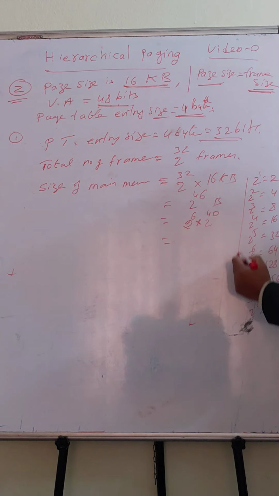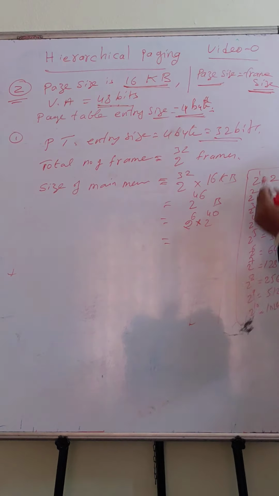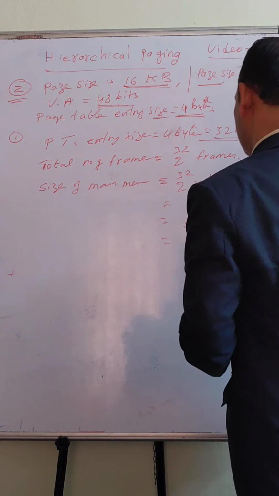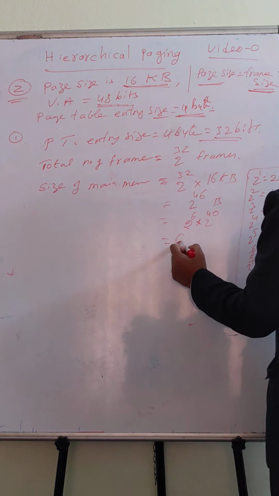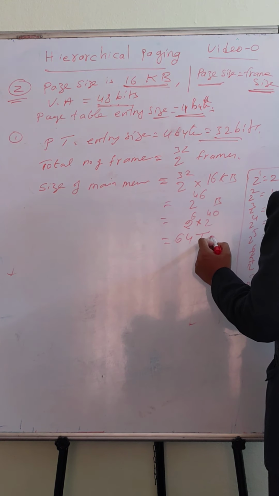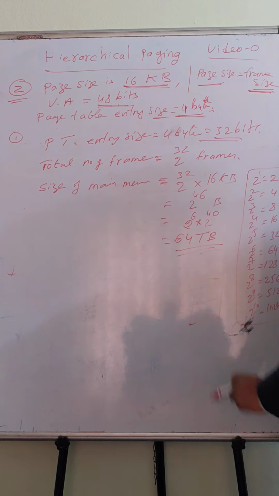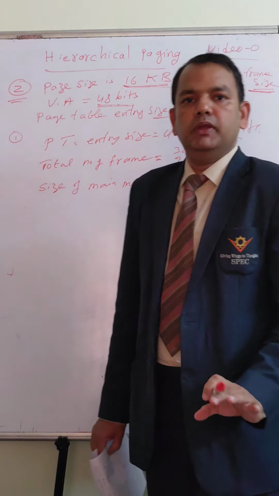Please remember this, put it somewhere in the notebook. Regularly we are going to use this. Now 2 power 6 is 64, and 2 power 40 means TB, terabytes. 64 terabytes is the size of the main memory.